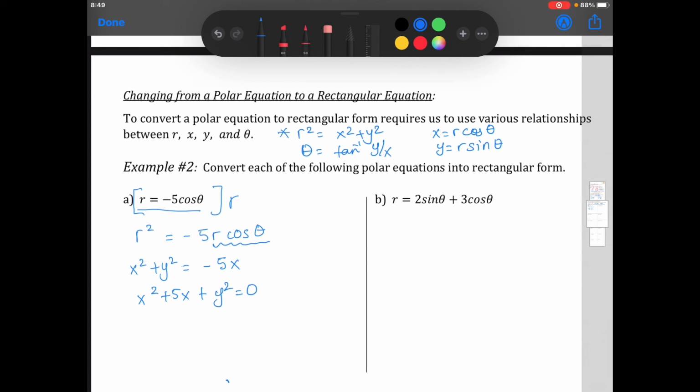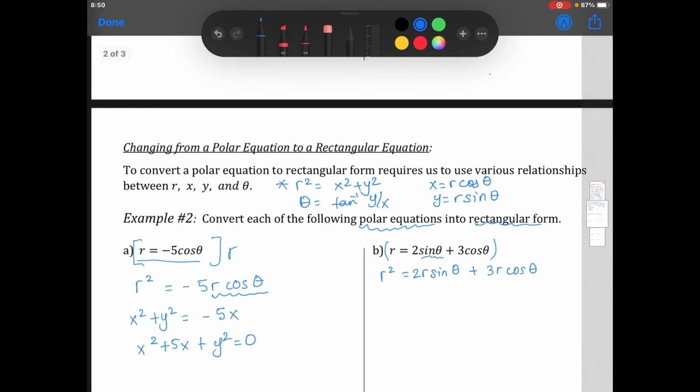Now the next one. This is one of the most important things: from polar to rectangular, start by multiplying by r on both sides. So this would be r squared equals 2r sine theta plus 3r cosine theta. Because think about it, if I substituted sine theta as y over r, that would not help me, because I would still end up with theta or r in my equation.